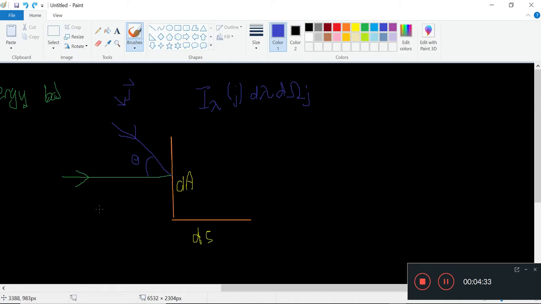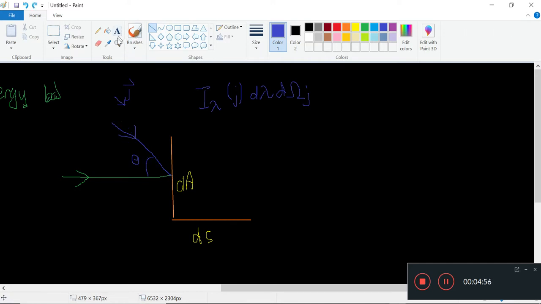These are different solid angles. So this is power per unit wavelength per unit solid angle, and I've already defined the solid angle as this little d omega here.